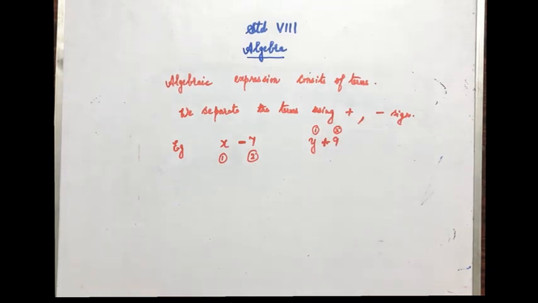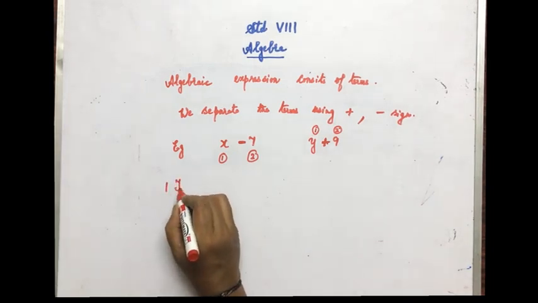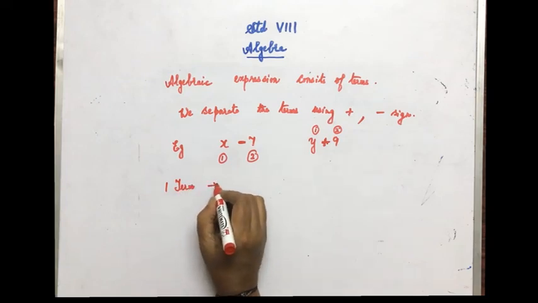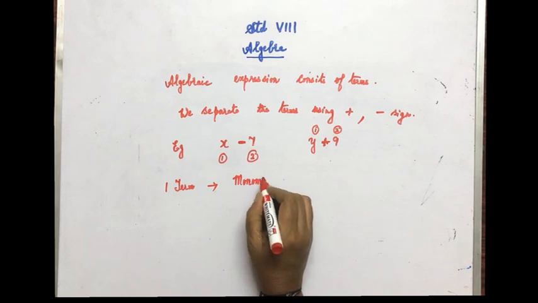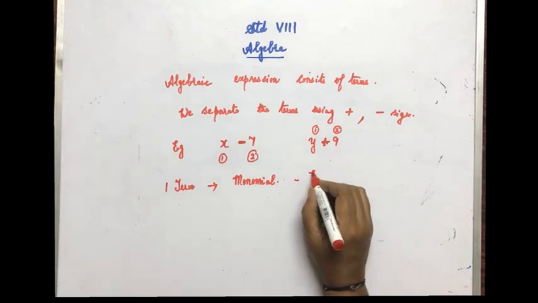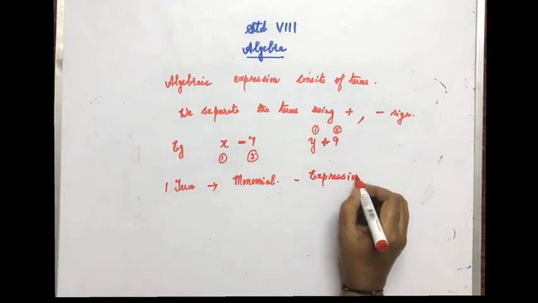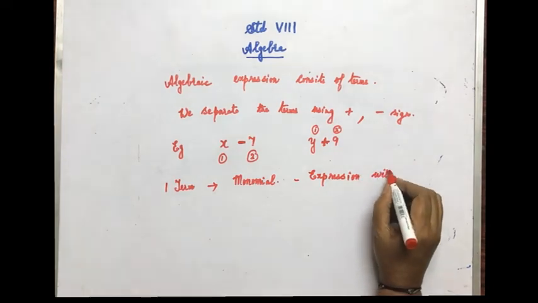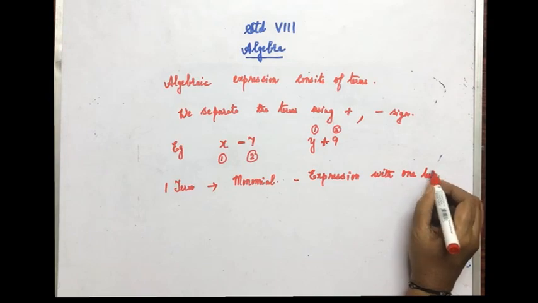And if you have one term or if you have two terms, there are separate names. If you have one term in an expression, we call it a monomial. So an expression with one term, we call it a monomial.